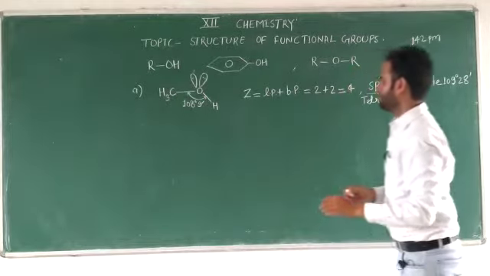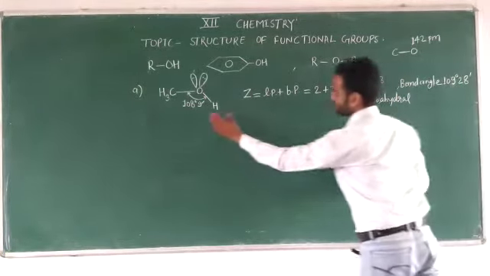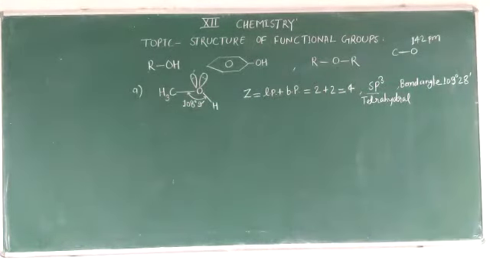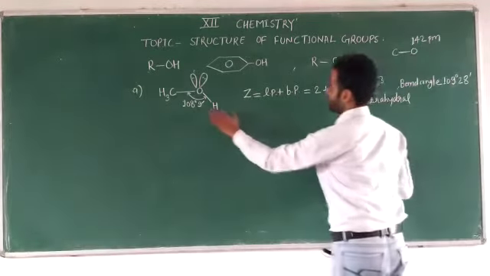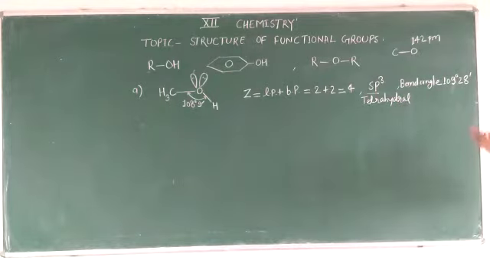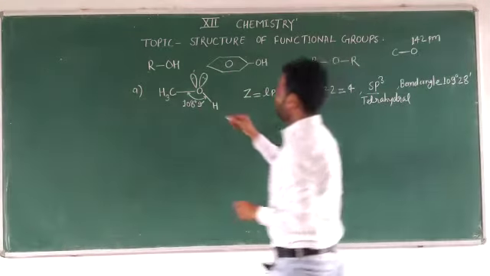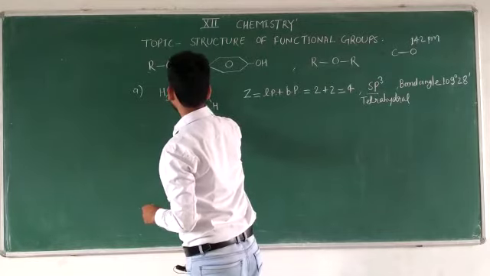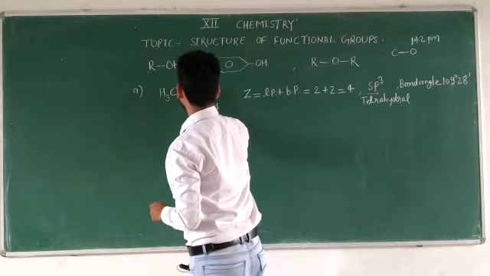So that is why it is slightly less than the usual number, 108 degree 9 minutes. So we have discussed the bond angle, the hybridization and the geometry of this compound. The bond length in this case would be the same, 142 picometer.